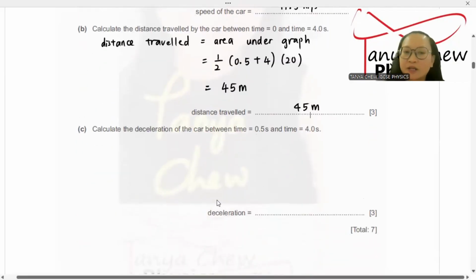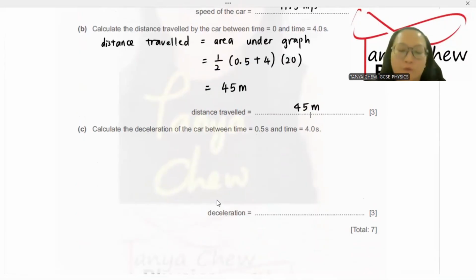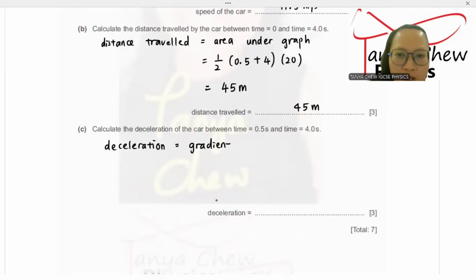Now C, calculate the deceleration of the car between time equals to 0.5 second and time equals to 4 second. Now this is a speed time graph. How do we calculate deceleration? Deceleration is actually equals to the gradient of the graph.